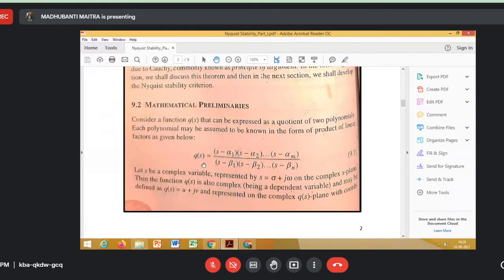Write it down: Q(S) will be equal to U plus jV. Now, do you agree?